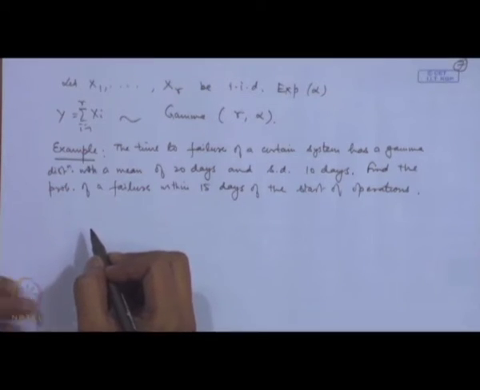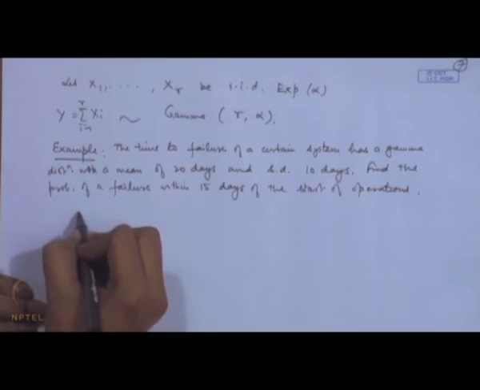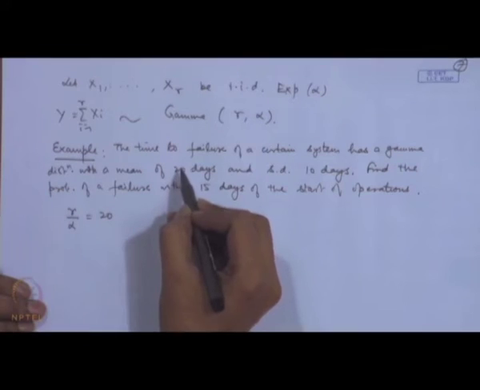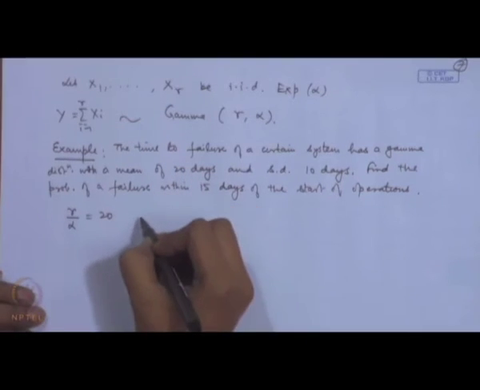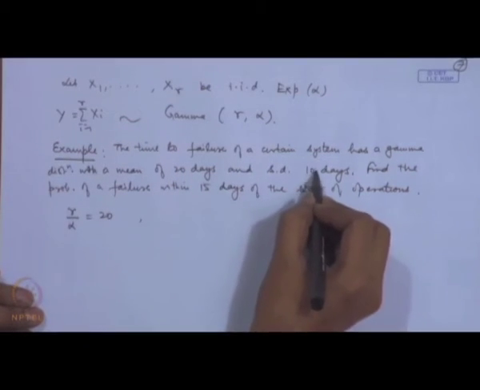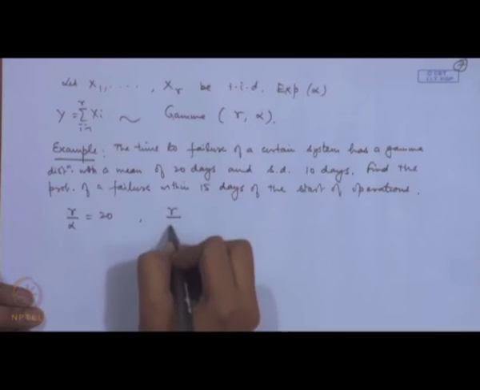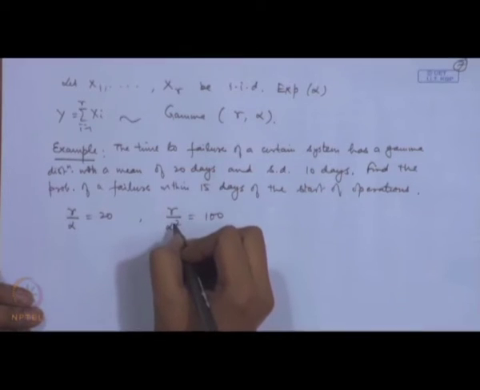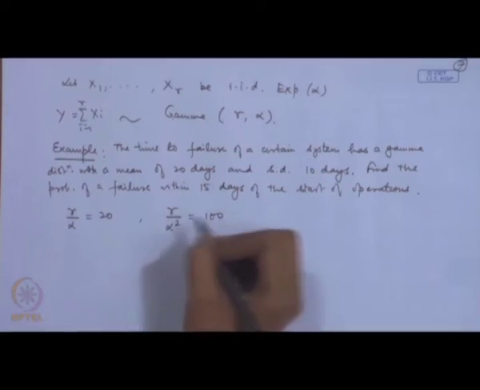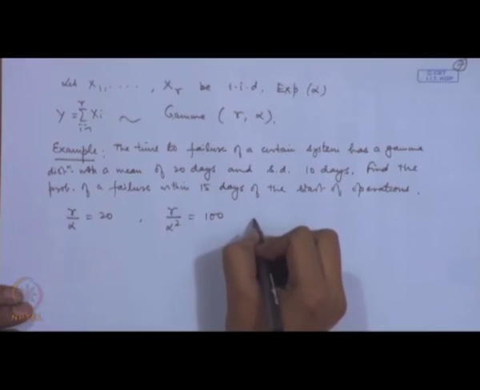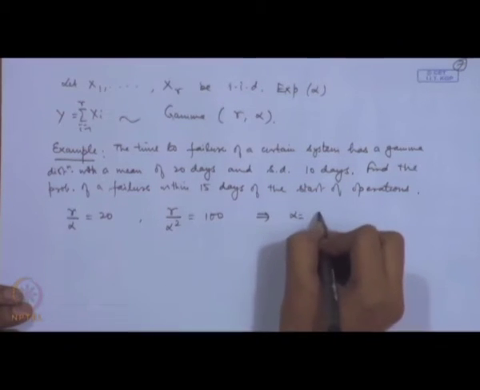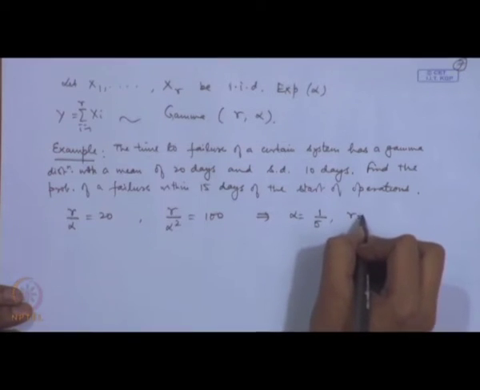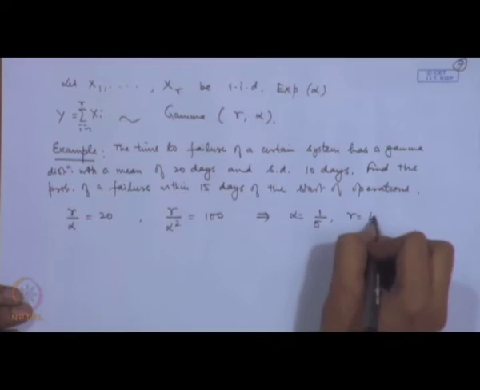So, here we are having r by alpha, that is equal to 20, because the mean of a gamma distribution is r by alpha. The variance is 100, variance of a gamma is r by alpha square, that is 100. So, if I take the ratio here, this implies alpha is equal to 1 by 5 and r will be equal to 4.